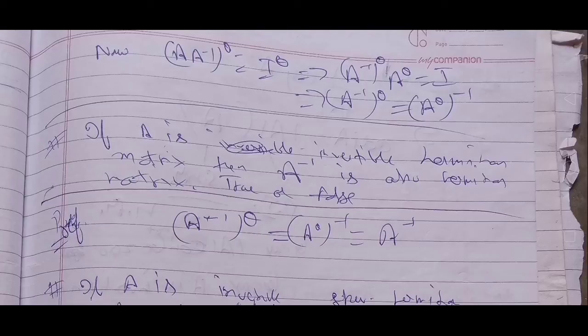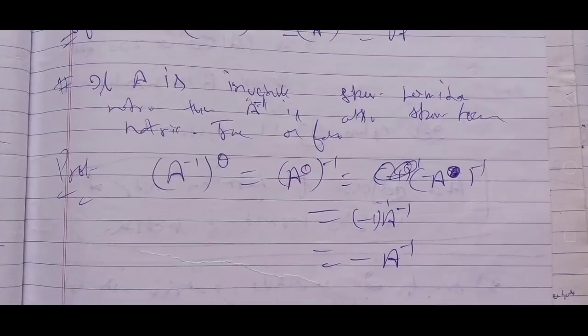So if A is invertible matrix and Hermitian also, then A inverse is also Hermitian matrix. True or false? Conjugate transpose of A inverse is equal to inverse of conjugate transpose of A. This will be equal to A inverse from the above note. If A is invertible skew Hermitian matrix, then A inverse is also skew Hermitian matrix.